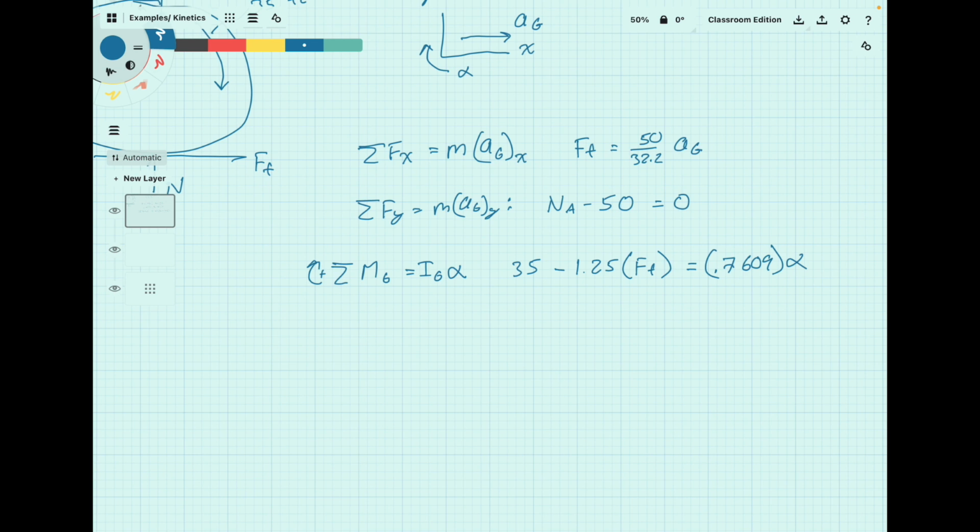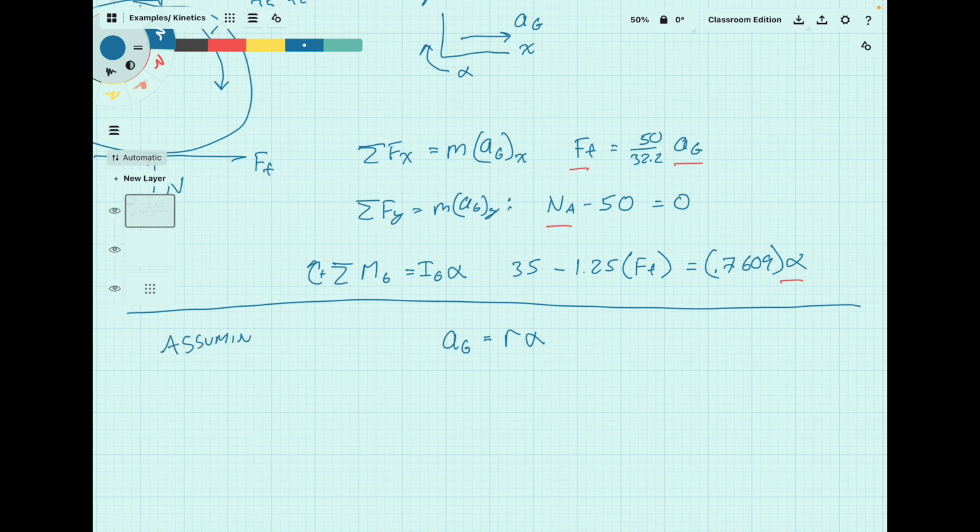Okay, so out of that, what do we have? Force of friction, acceleration, normal force, and alpha are all unknowns. So we do have to come up with some relationship there. And of course, through kinetics, we know that AG should be equal to R alpha. Actually, let's be clear about something here. Let's solve this by assuming no slip.